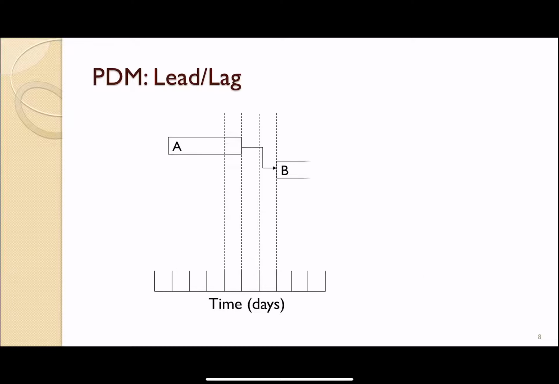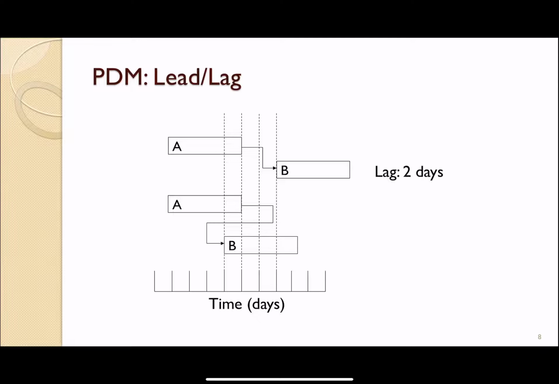In terms of lead lag, in this case, A finishes and then B can start, but it lags 2 days. We can say it lags 2 days because B cannot start immediately after A finishes, but waits 2 days before B can start. Or we can say that it leads negative 2 days.